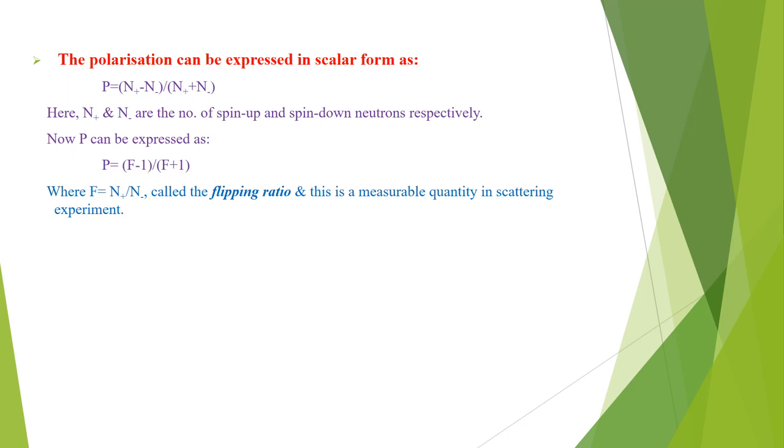P can also be expressed as P equals F minus 1 divided by F plus 1, where F is calculated by dividing the upward spin count n plus by the downward spin count n minus. This F is called the flipping ratio, and this is the measurable quantity in a scattering experiment.